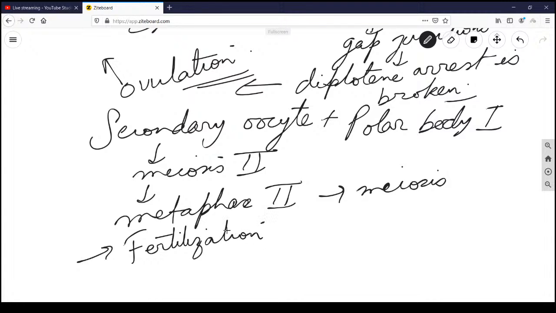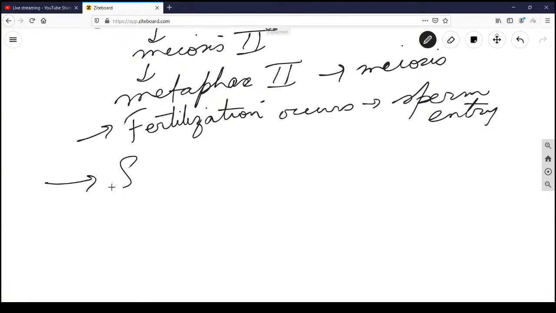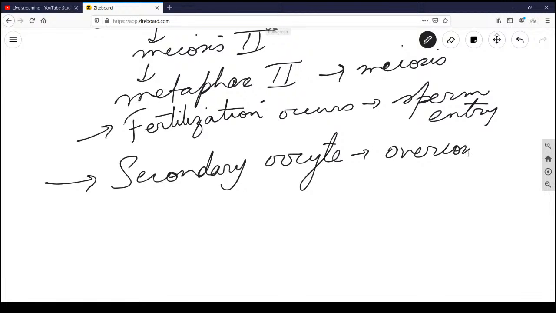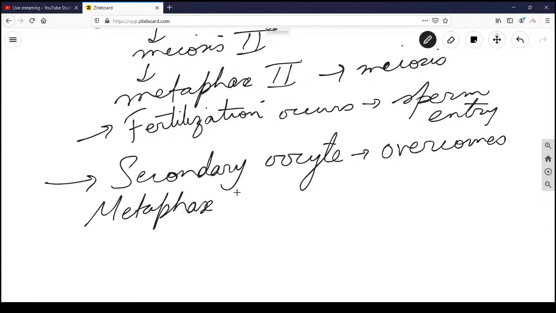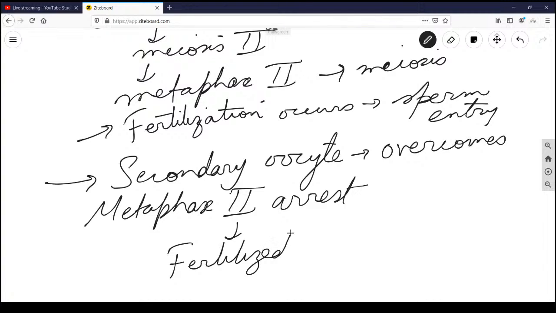If fertilization occurs, means sperm entry via the acrosomal reaction, which will be taught later on, then the secondary oocyte overcomes metaphase 2 arrest, and then directly produces the fertilized ovum, also known as oocyte, plus polar body 2.